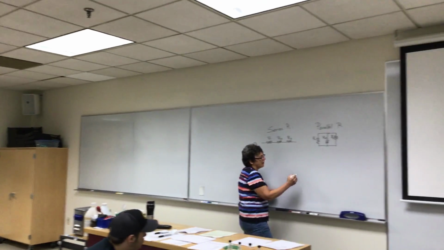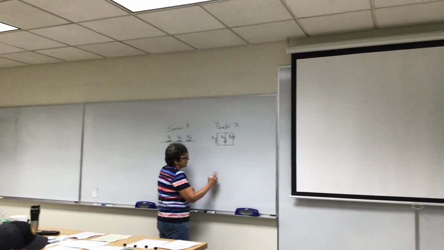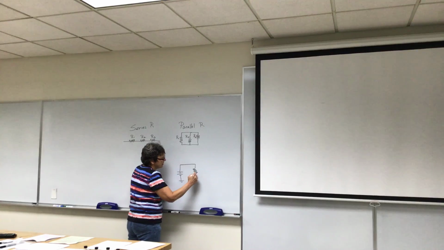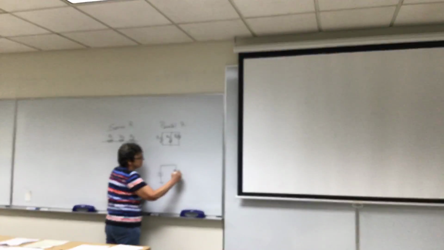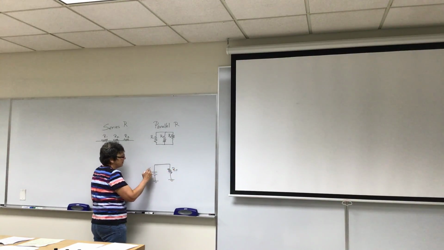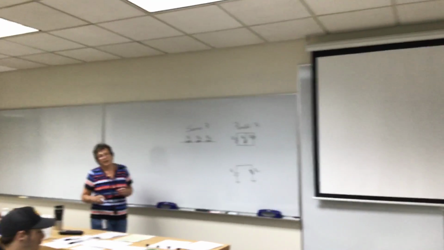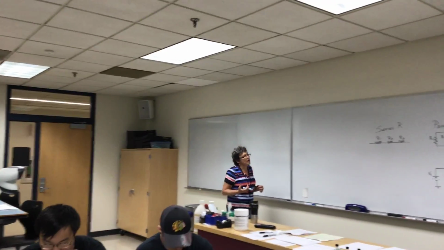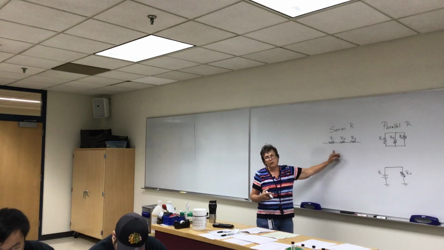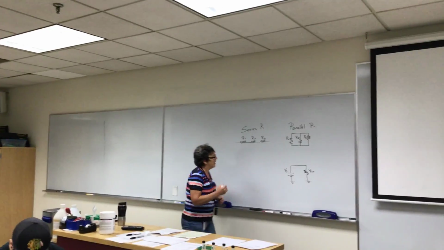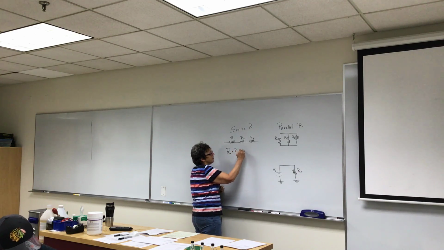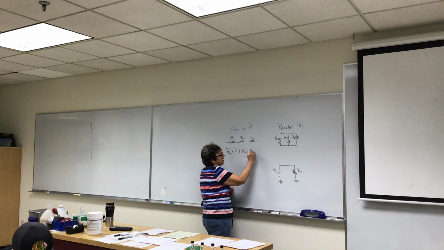Remember, we're always looking to get our equivalent model, which is just one resistive component, R total. That's our goal, because then we can analyze the circuit. So how do we get the total resistance when they're in series? Add them up. RT equals R1 plus R2 plus R3.